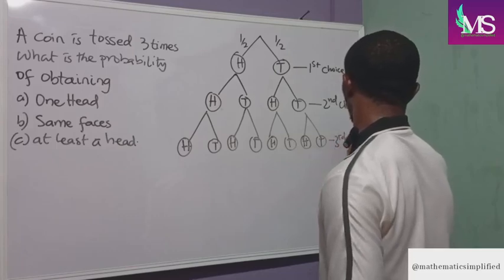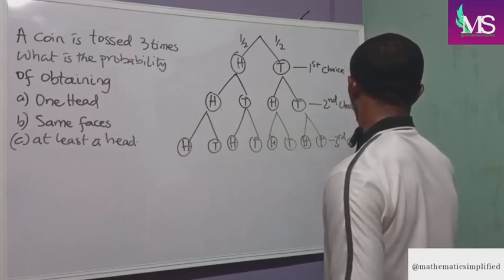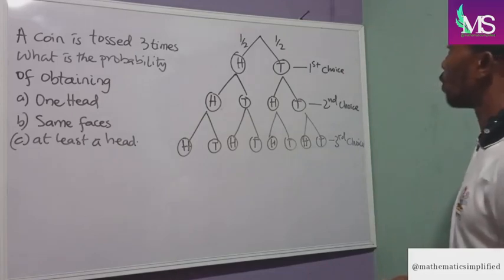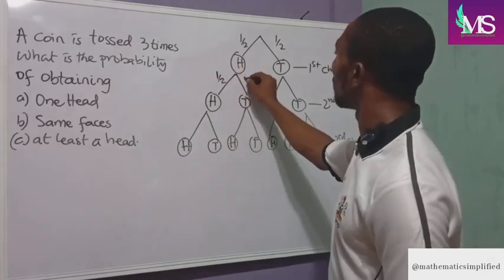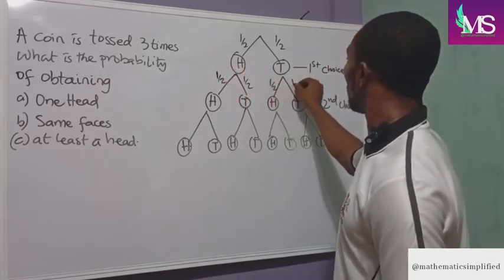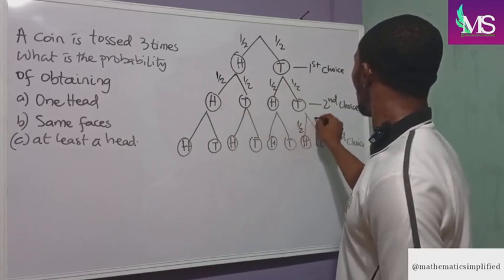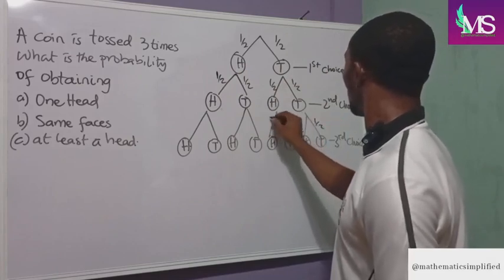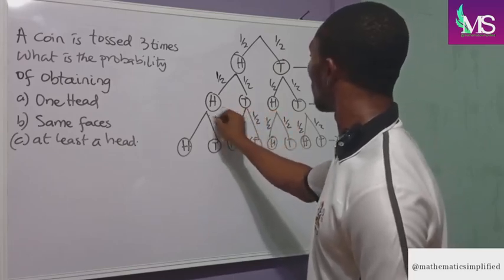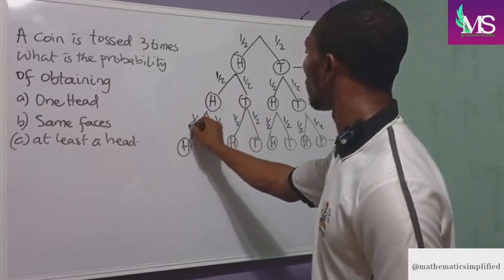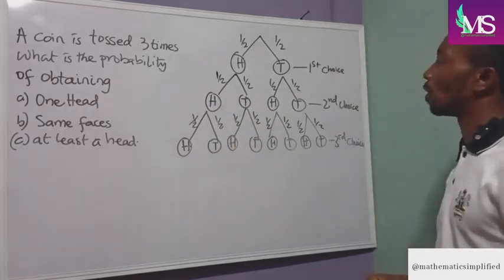Third choice. Alright, now for each of these outcomes, we know that it's half for each of them.